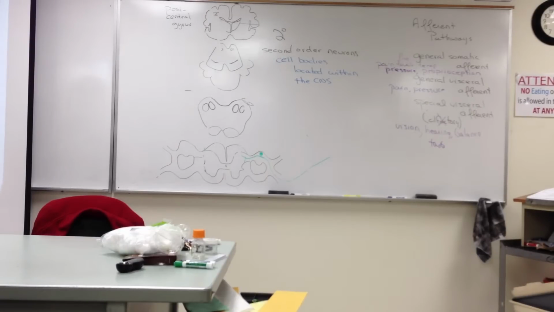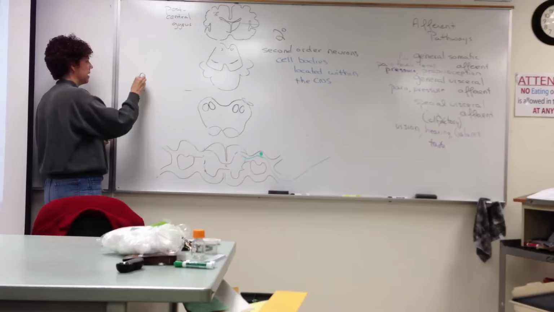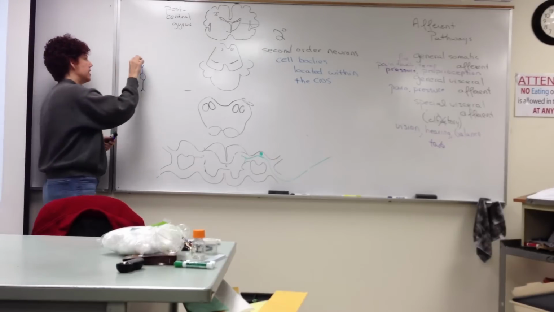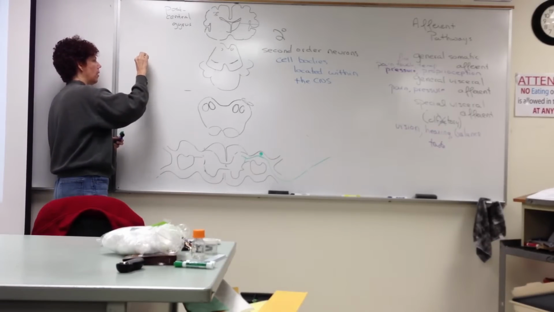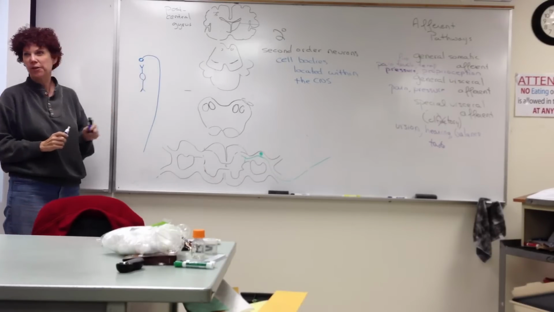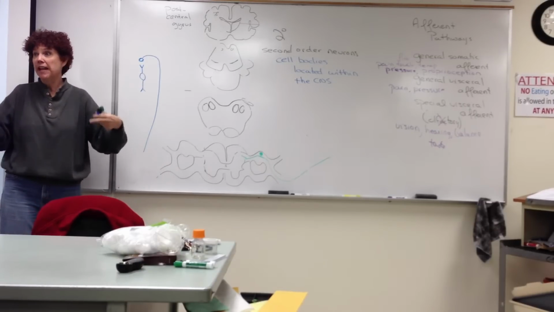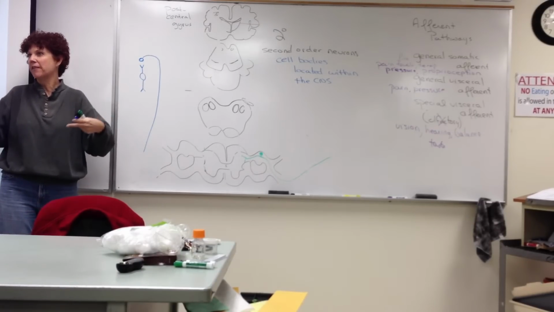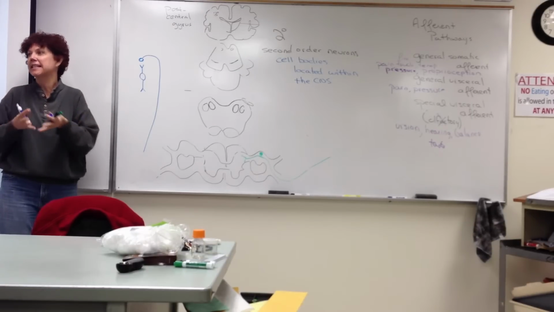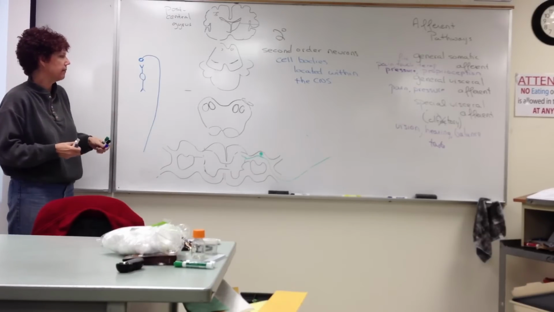Because remember, when we talked about the retina, the first order neuron of the retina was bipolar, and that was in the retina, all right? And then we had the ganglion cell, which left the retina and formed the optic nerve. This would be the second order neuron, okay? And so I said the optic nerve is really part of the spinal cord or brainstem. And infections of the meninges around the spinal cord would extend out to the optic nerve. All right, so just explaining what I meant by that.